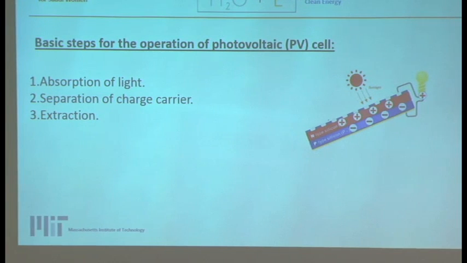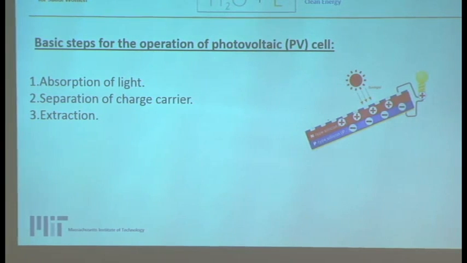There are three basic steps for this process. The first step is the absorption of the light, which will generate an electron-hole pair. The second step is the separation of these charge carriers to avoid recombination. The third process is called the extraction into external circuits.